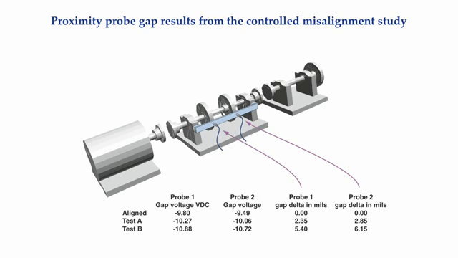The resulting gap change from well-aligned to 62 mils of lateral misalignment at probe 1 was 5.4 mils, and at probe 2, 6.15 mils, with the balance discs moving away from the probes. Now, how could this have happened if the shafts were not elastically bending? Also notice that the worse the misalignment got, the greater the elastic bending occurred in the center shaft.